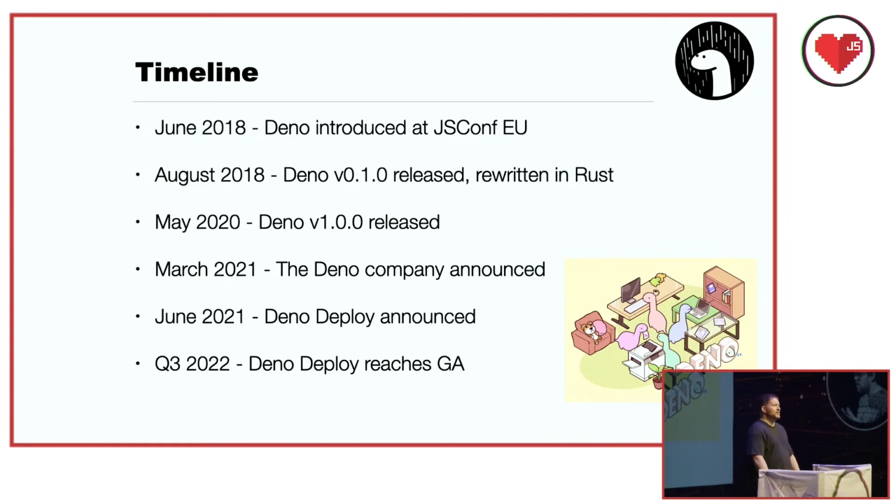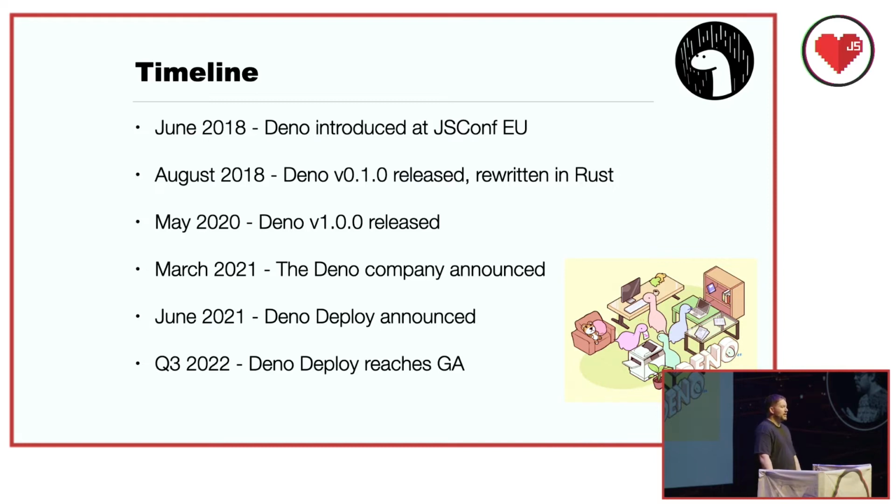This release was significant because Deno had been rewritten in Rust. Obviously there's the JavaScript and TypeScript side of things, but then there's a native layer underneath, and originally that had been written in Golang. But having two garbage collected languages inside of the same process might not be the best thing. So it was decided to rewrite everything in Rust.